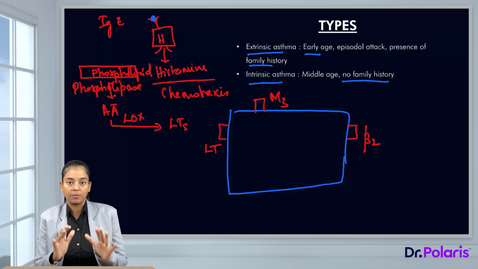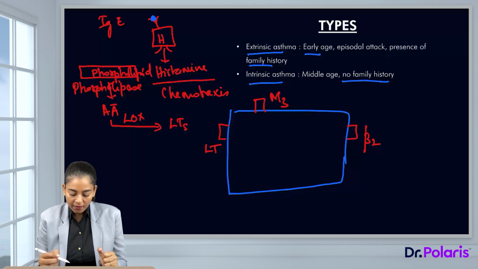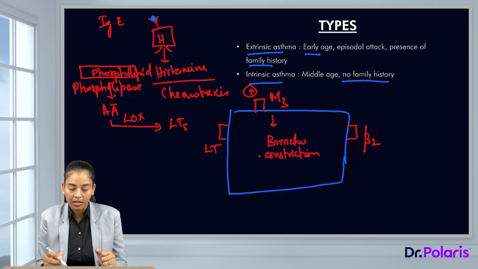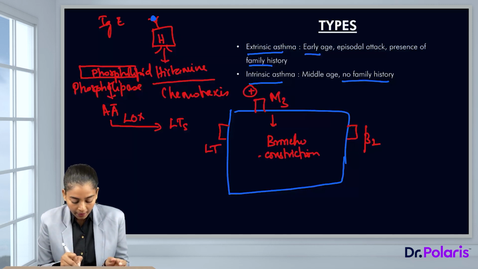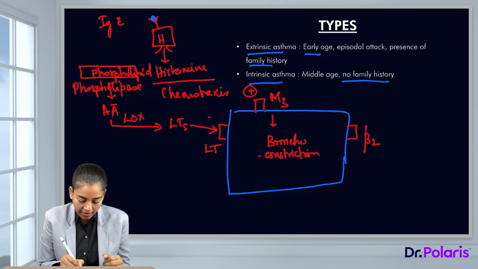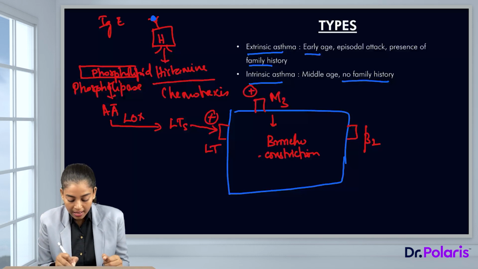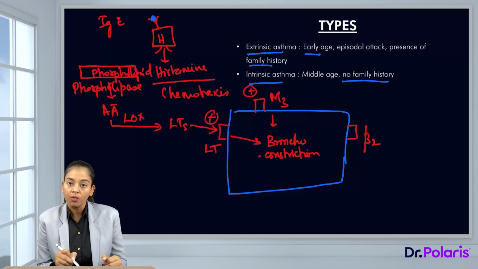Normally when an attack of asthma happens, whenever muscarinic receptors are stimulated, they cause bronchoconstriction. Similarly, leukotrienes, when they get produced in an allergic response and act upon their specific leukotriene receptor present on the bronchial cell, also cause bronchoconstriction.